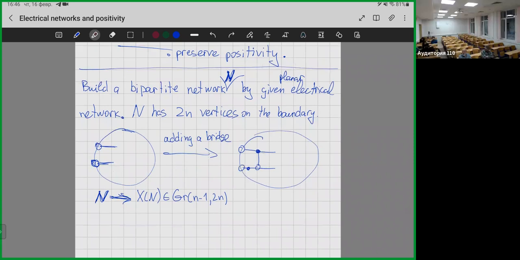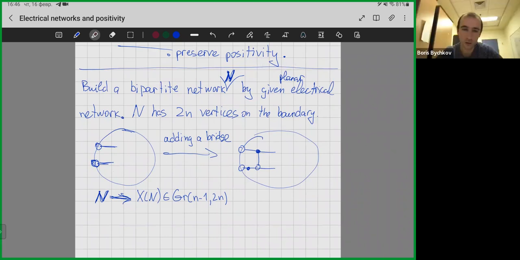And why do you need the network to be bipartite? Because in this construction we use dimers on these bipartite networks.